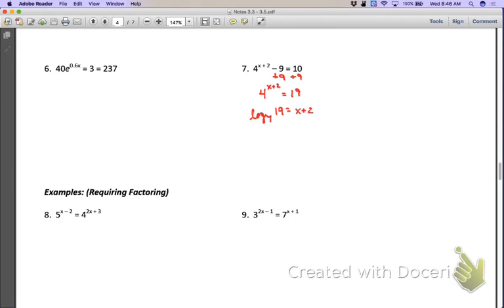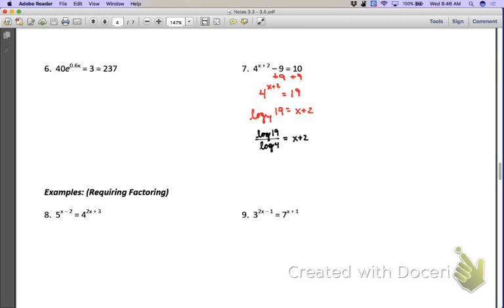I'm going to go ahead and do change of base with my log base 4 of 19, and set it up before I do anything else: log of 19 divided by log of 4 is equal to x plus 2. I'll get my value there.